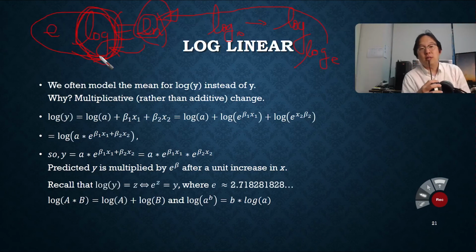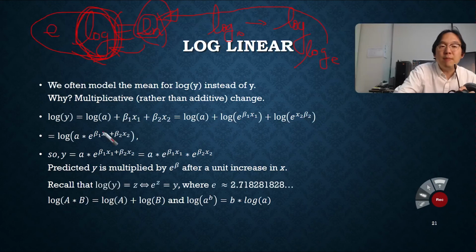Then what do you see? Well, the rule of log, right? You remember that? You can understand it, analyze it, or interpret it as log of e to the power of beta 1 x1.